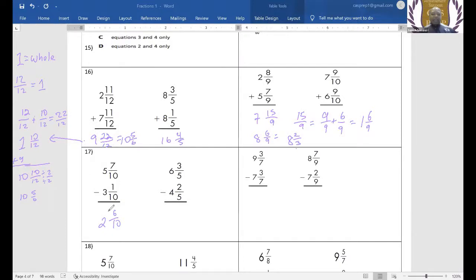Can we do anything with the 2 and 6 over 10, or is that the final answer?